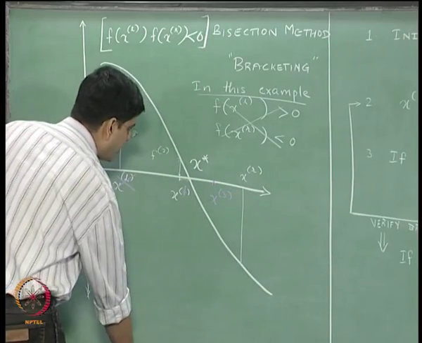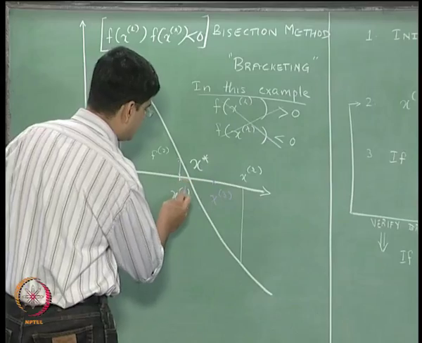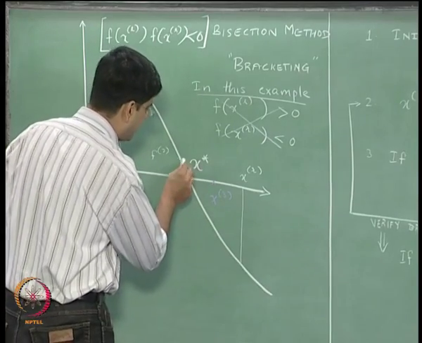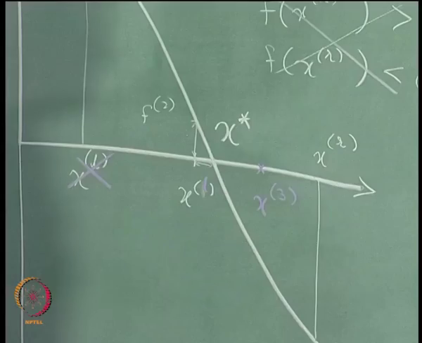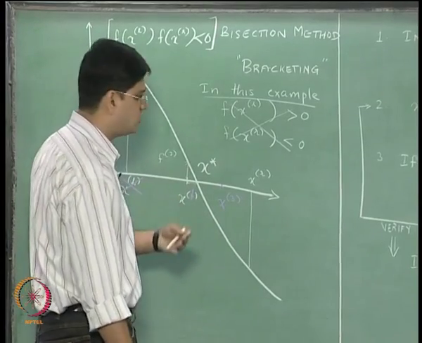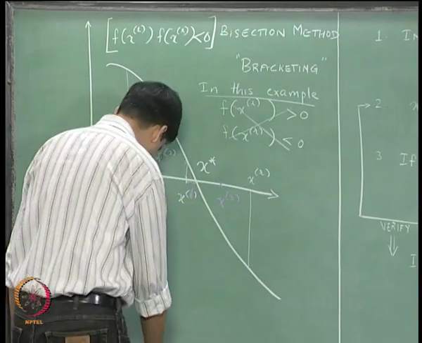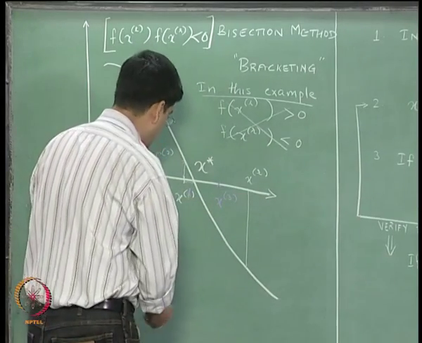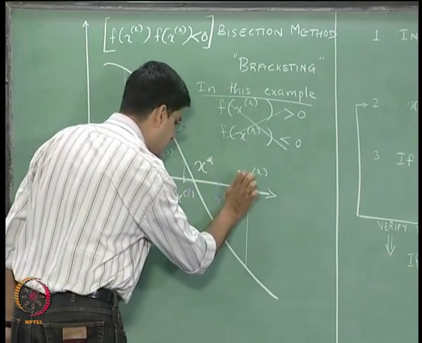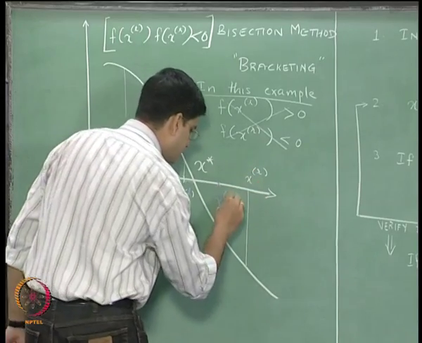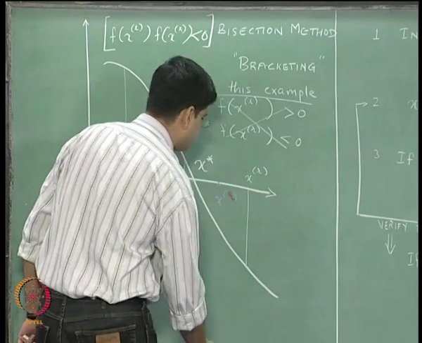When we consider f of x3 and multiply it with f of xl, we get the product fl multiplied by f3 is less than 0. If fl multiplied by f3 is less than 0, then we retain xl, but we replace xr with x3, and that is what I'll do over here, replace xr with x3. Okay.